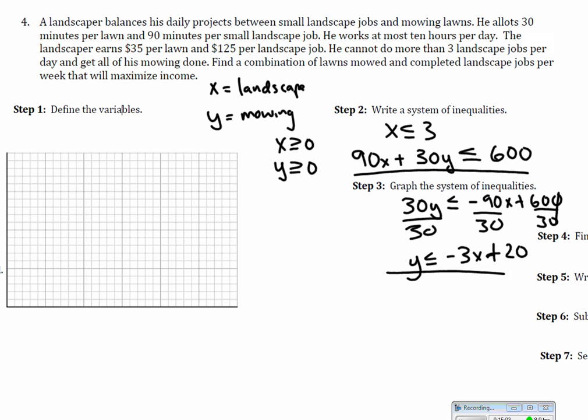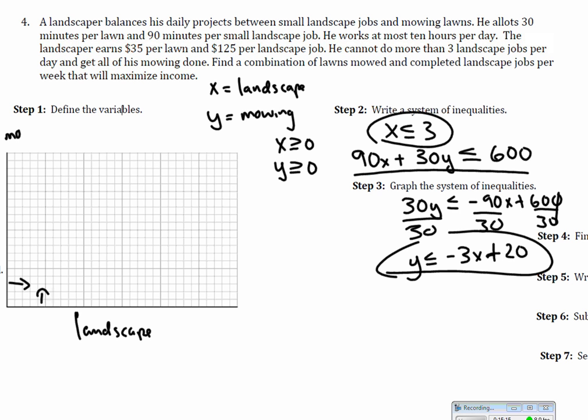So I've got this line, this line. Those are my two biggies. So I know that I'm going positive, positive. Remember, X is landscape jobs. This one's the mowing. So here's what I'm looking at. 1, X has got to be less than or equal to 3.